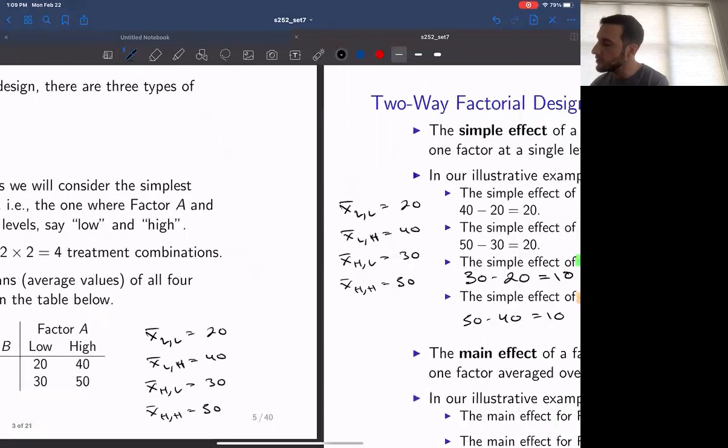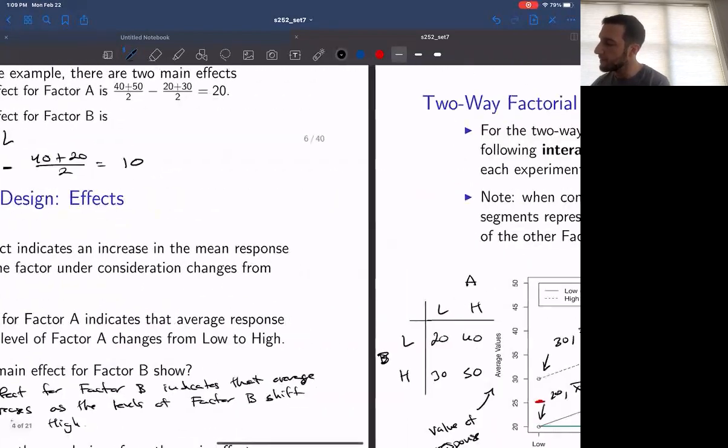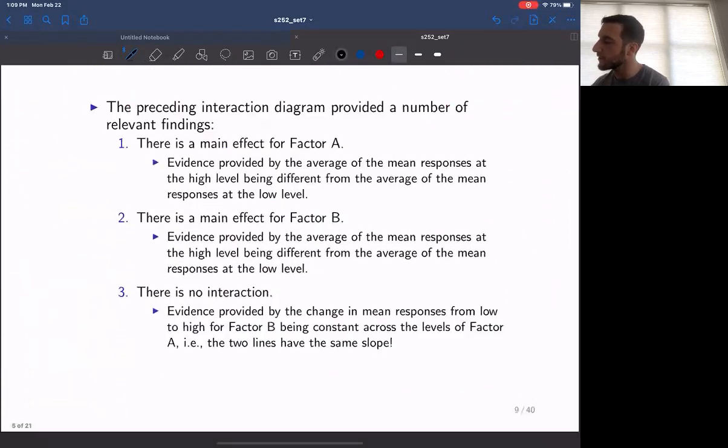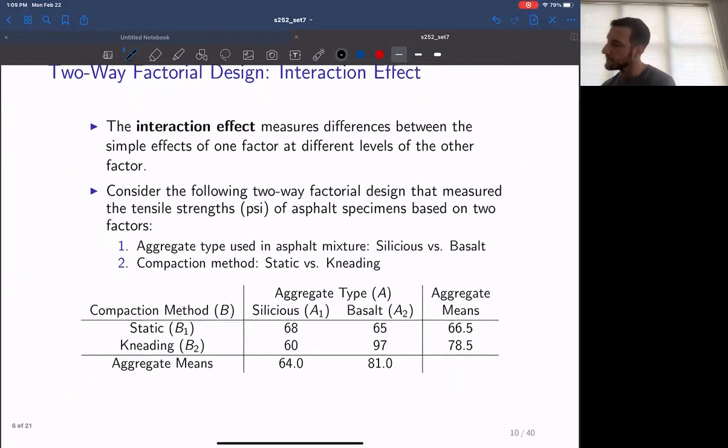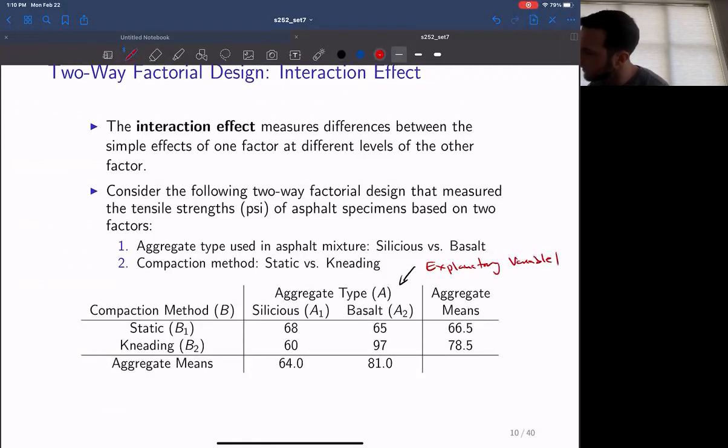In the simplest situation, we would have two levels for each explanatory factor. For example, on slide 10 here, we have explanatory variable 1 and explanatory variable 2.